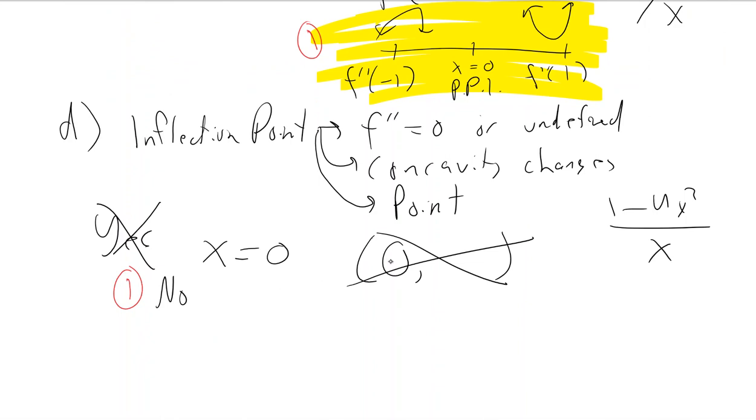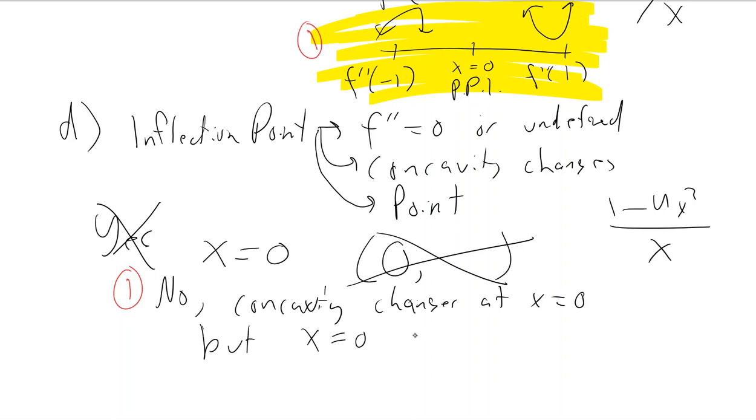And then, I don't know, what I have written down here is probably not adequate enough of a justification. I'd say something like concavity changes at x equals 0, but x equals 0 is not a point on f of x.